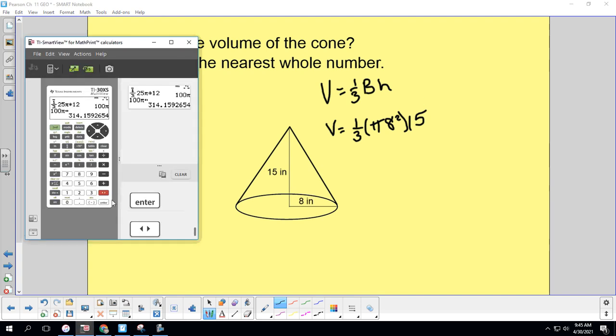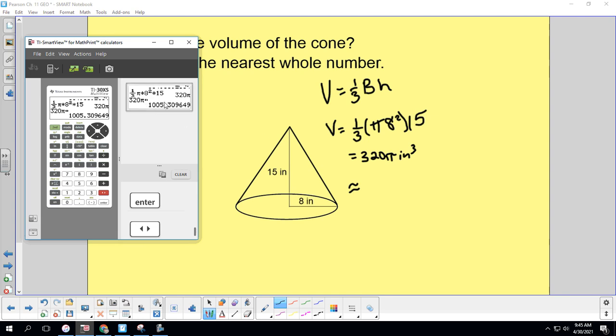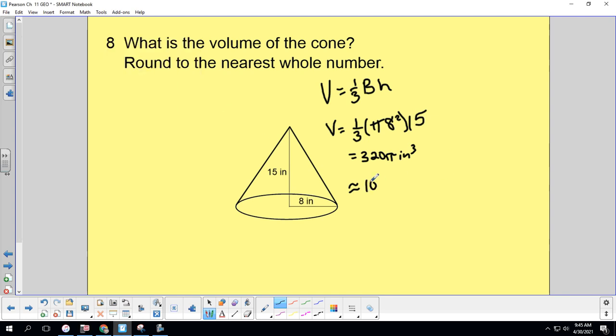Okay, so get our calculators. 1/3 pi times 8 squared times 15. That's 320 pi inches cubed, or 1005.3.